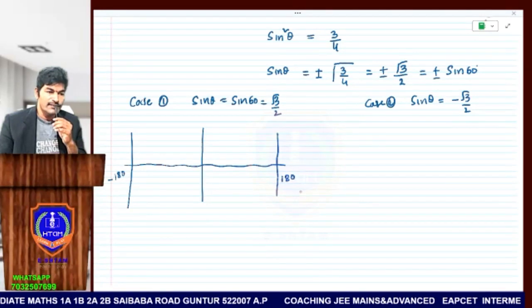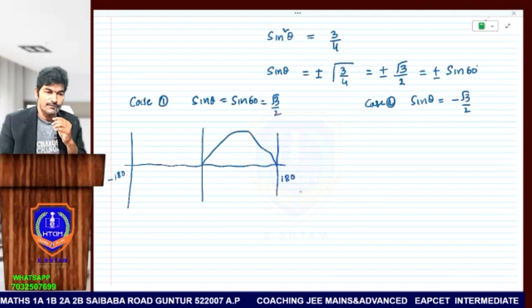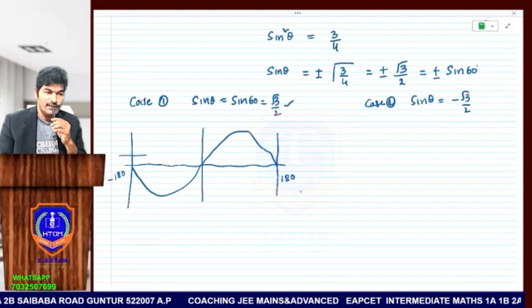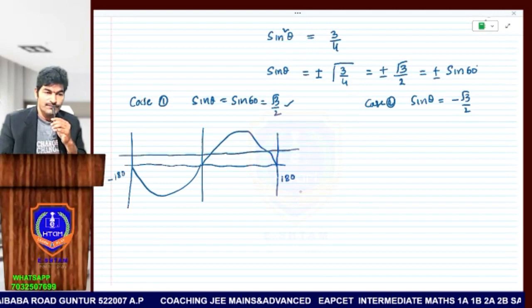And the sine graph will be the same. It always looks the same. What is plus root 3 by 2? Where does it lie? Below 1. So draw that line, which is root 3 by 2. This line is the root 3 by 2 line.